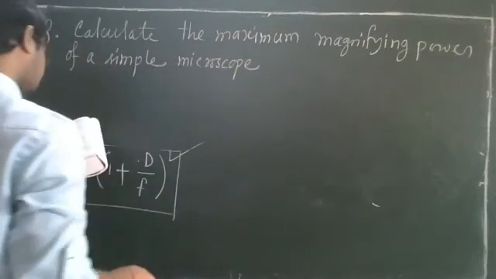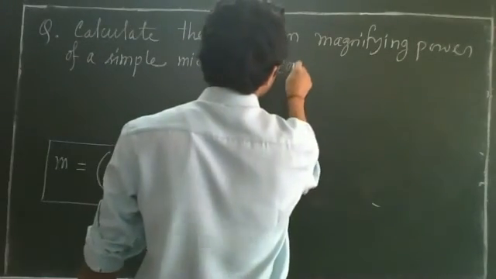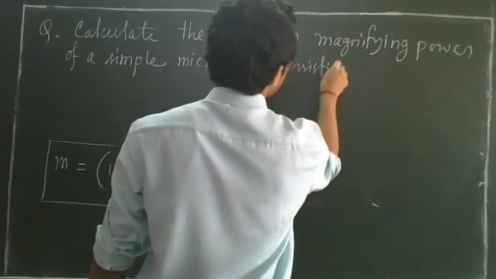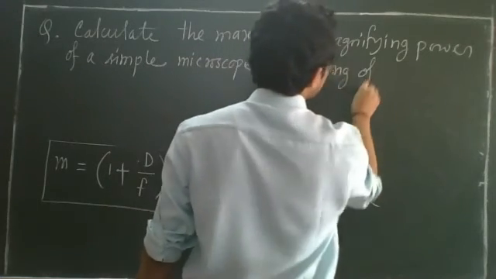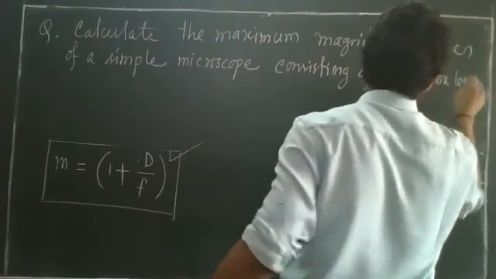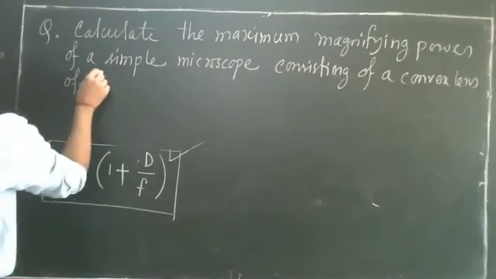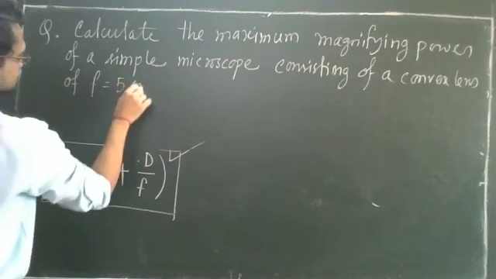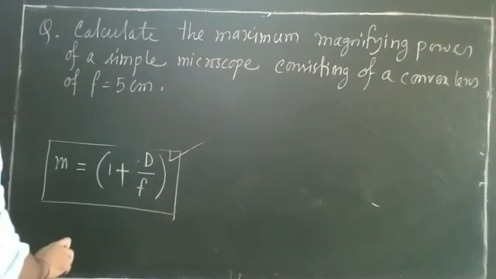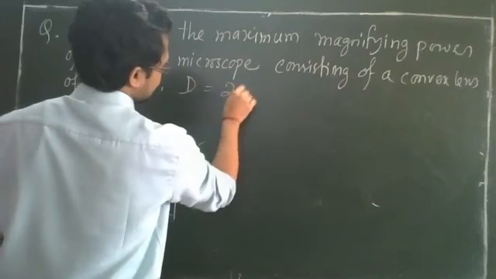A simple microscope consisting of a convex lens of 5 centimeter. Distance of distinct vision is given, that is D equal to 25 centimeter.